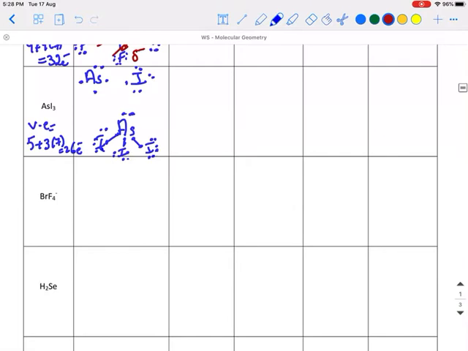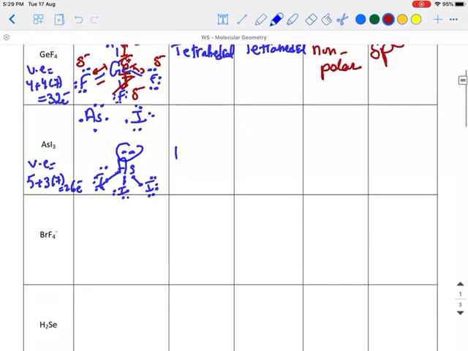So for the electron pair geometry, we have 3 bonds. We have 4 regions of electrons, bonding and non-bonding, which is tetrahedral. But here the presence of a lone pair makes the geometry a distorted tetrahedral, which is trigonal pyramidal.